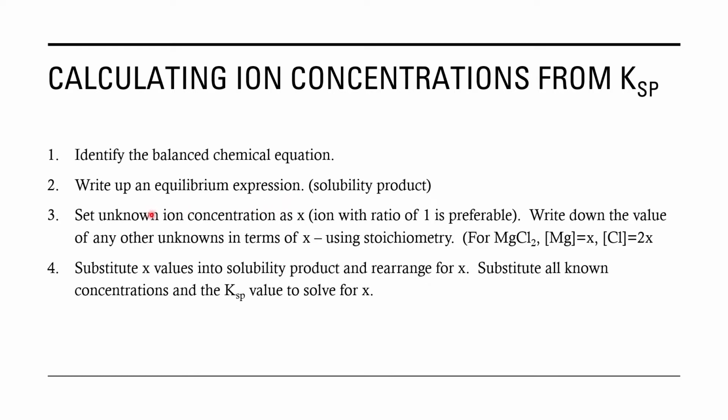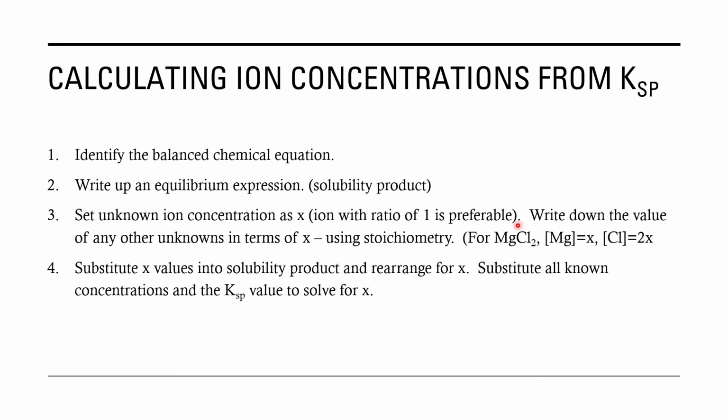From there, our unknowns we can label as X. When we're trying to name an unknown ion as X, we usually try to go for the one with the ratio of 1 in its empirical formula. For example, for magnesium chloride, I chose the concentration of magnesium to be X, not the concentration of chlorine. This makes the rest of the question a little easier to process mathematically.